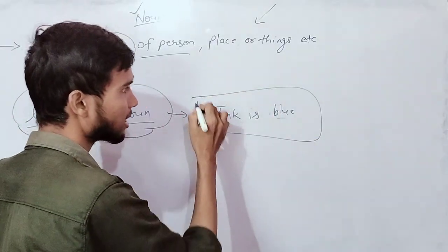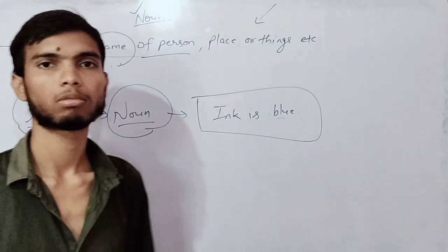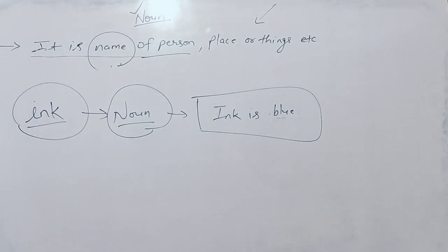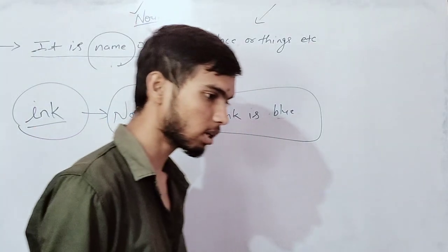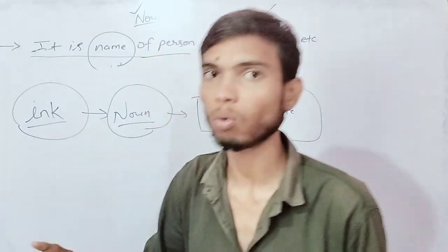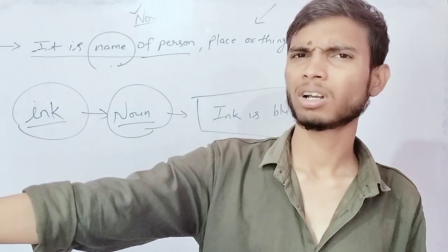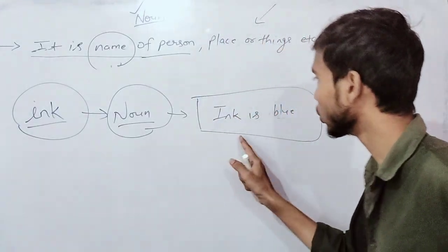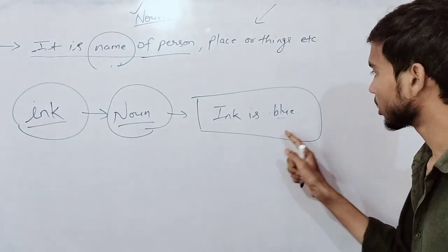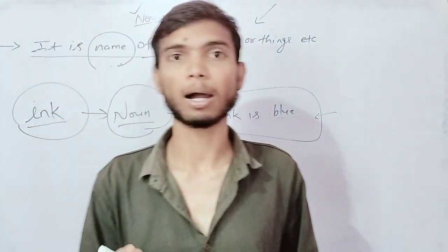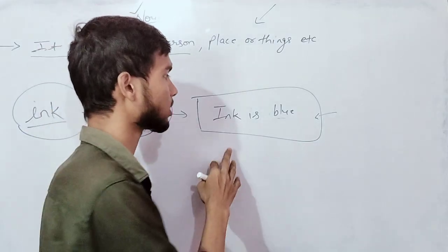In this sentence, we are using a noun. We took ink as a word, we saw that the name of the ink word is a noun, and we know that a noun word is used in a sentence. Ink word is being applied in a sentence.